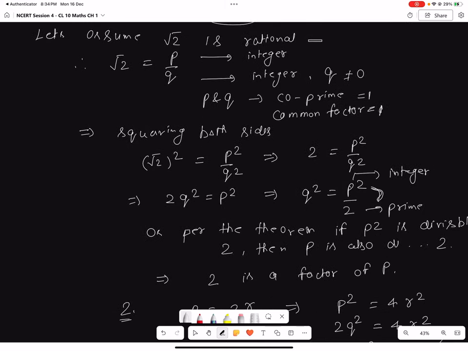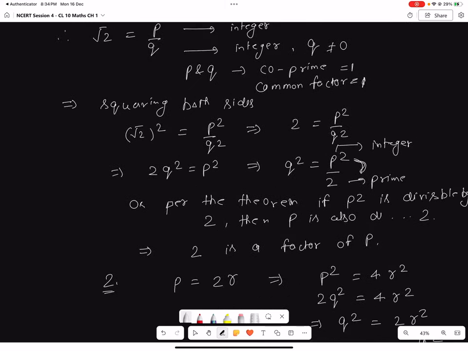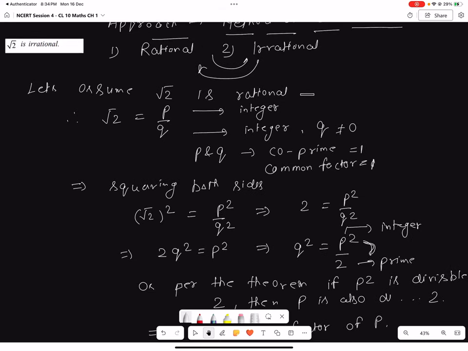And then with a series of steps, we squared both sides, and then finally we proved for root 2 that 2 was also a common factor of p and q. So we said a rational number can only have one common factor, but we have proven that this number will have a common factor of 2, that means root 2 cannot be a rational number.